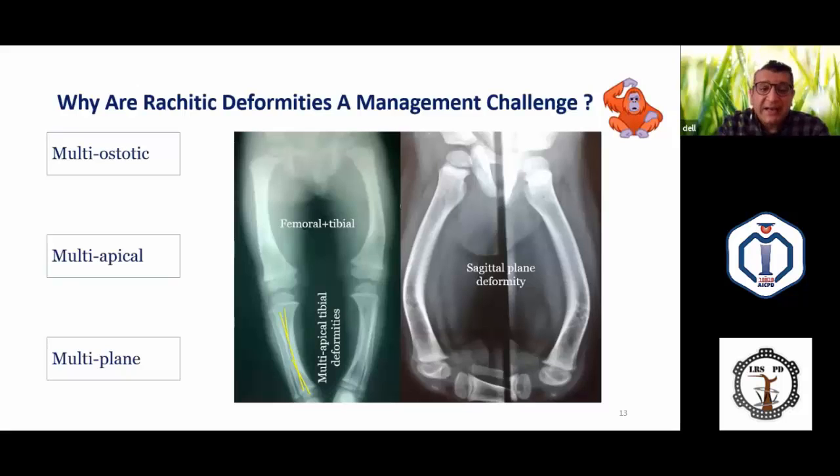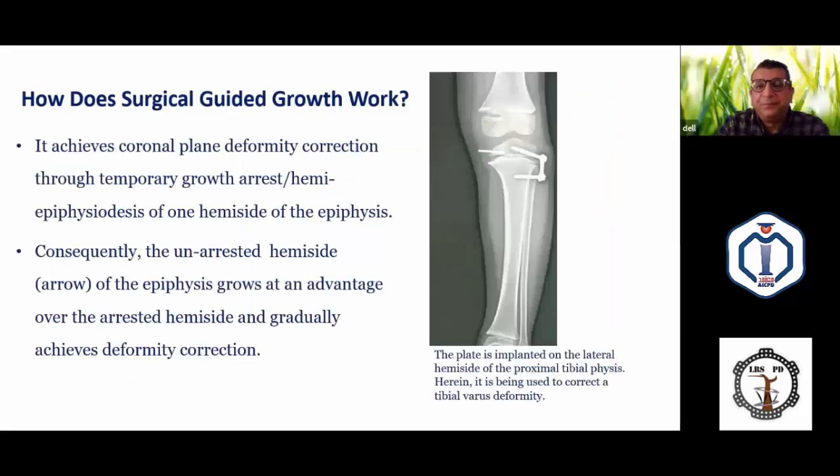So it's multiplanar, not only restricted to the coronal plane, which is angular deformity, and the sagittal plane, but there are also torsional deformities. Like we have said, the most common is the internal tibial torsion. So these are the three main sources of complexity in the assessment, decision-making and surgical management of rachitic deformities.